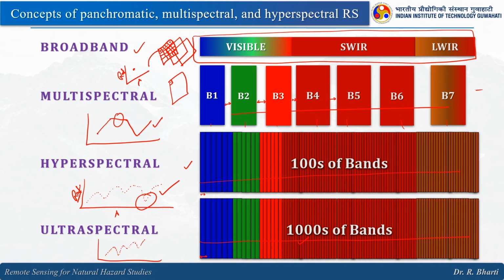Now, how are we generating this? We can have one instrument which is looking at the ground, and then we generate one pixel value, right. So, this is acting as a detector. One detector is capturing one pixel value in the case of broadband.